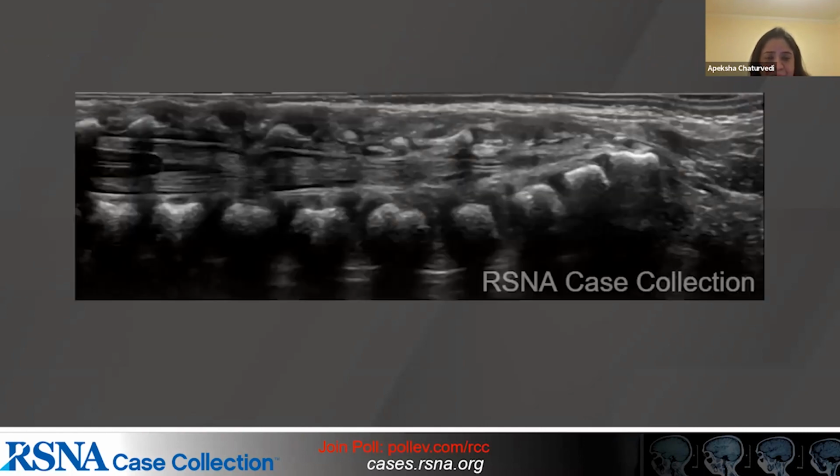Next slide, please. So here we have a sagittal ultrasound image of the spine. And again, this is what I would like you to look at. Pay attention to the conus medullaris and look at its configuration, and also pay attention to the vertebral bodies and make sure whether or not you have a normal complement of vertebrae.